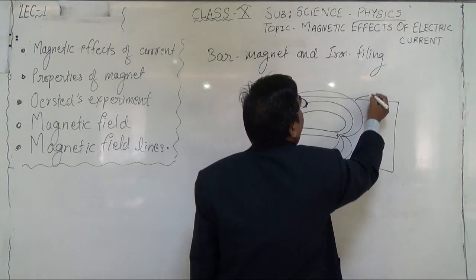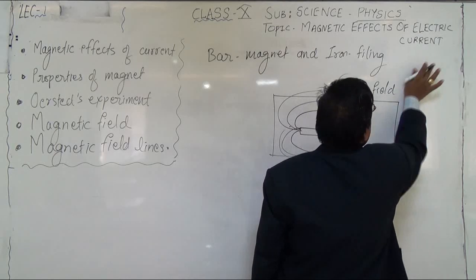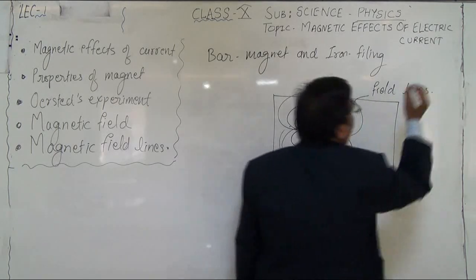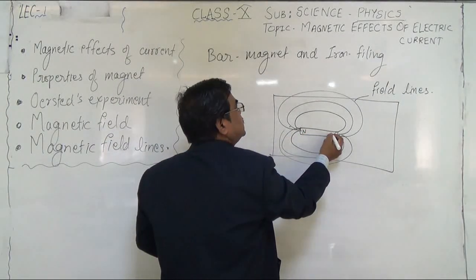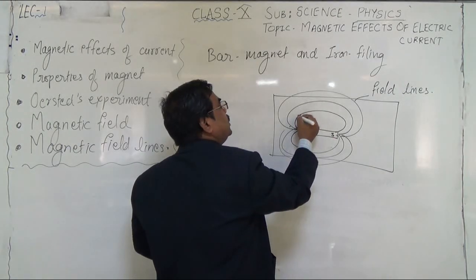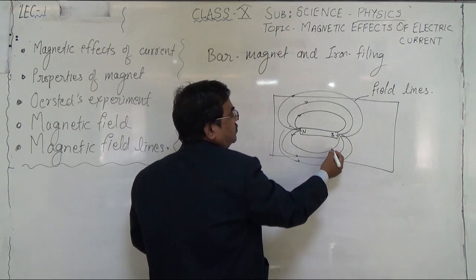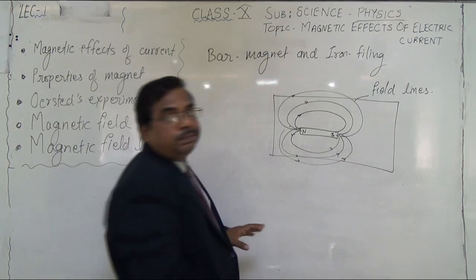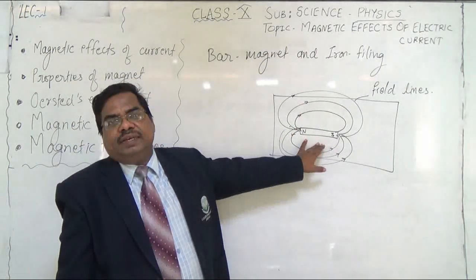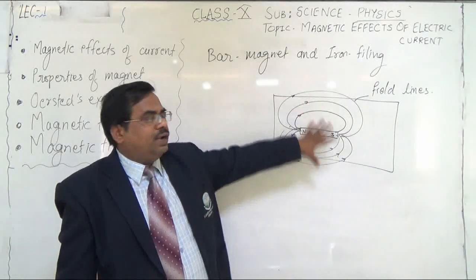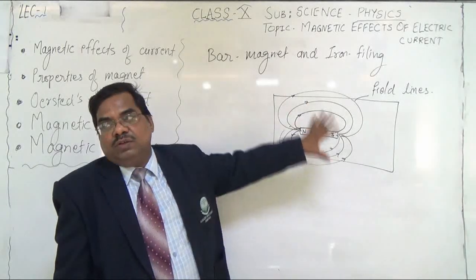These lines are called field lines as they represent the shape of the field. These lines around, and this is north and south. So here the magnetic lines are like this. If you keep a bar magnet like this and sprinkle the iron particles around it, you are going to get a shape like this.